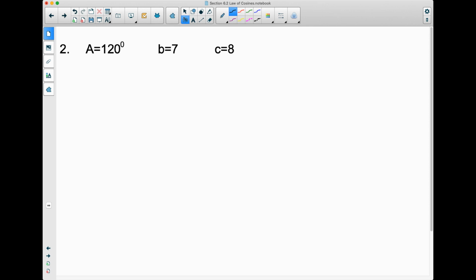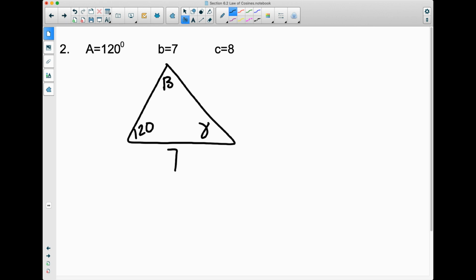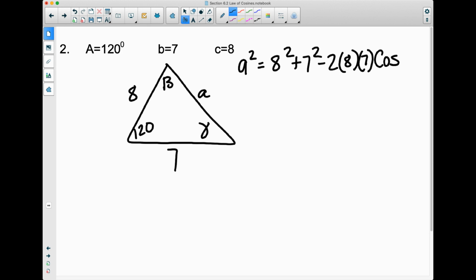All right. Okay. So if we want to solve for little a first, and this one turns out to be pretty... what did it turn out to be? 13.